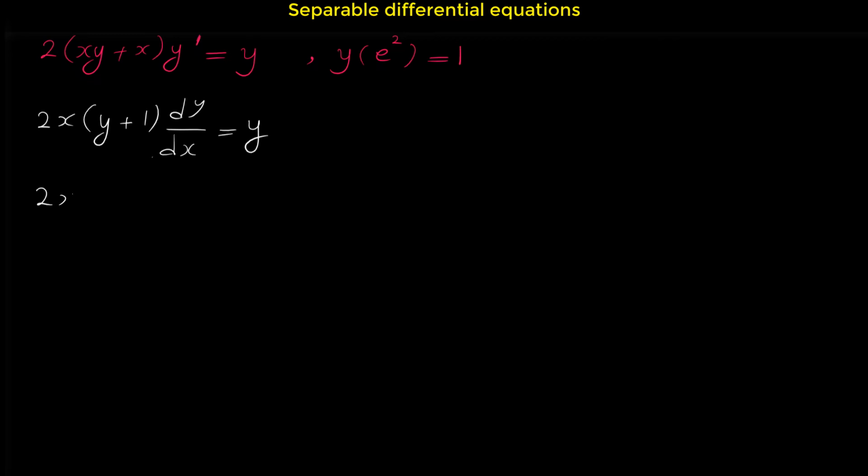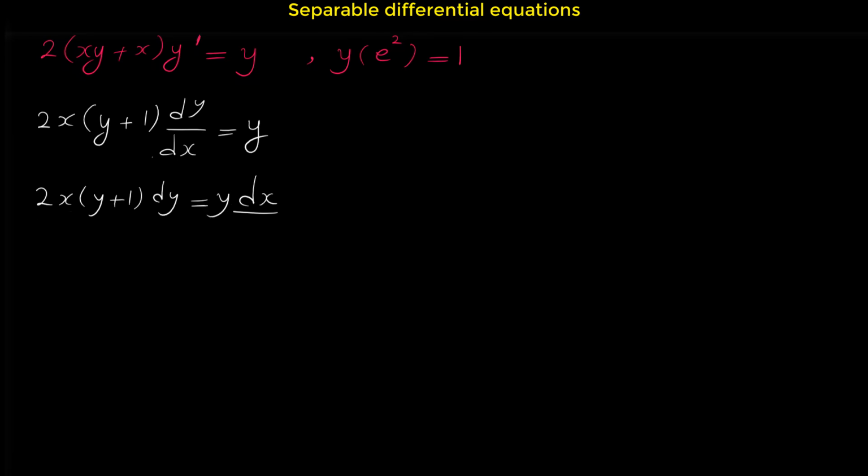Now if we write this in the form of 2x times y plus 1 dy is y dx, we have to bring this 2x to the denominator of dx because we want to separate x from y, and we have to bring y to the denominator of dy.